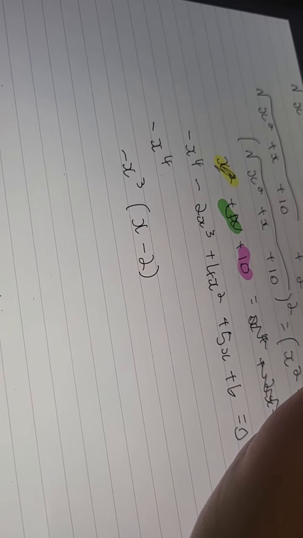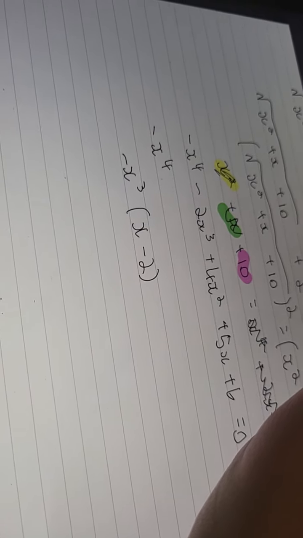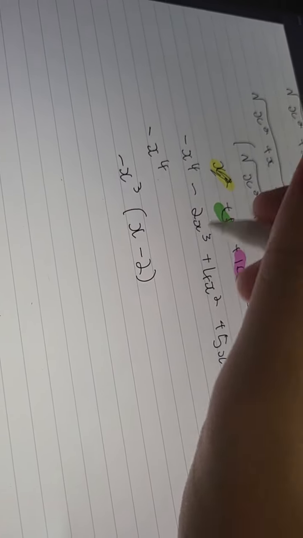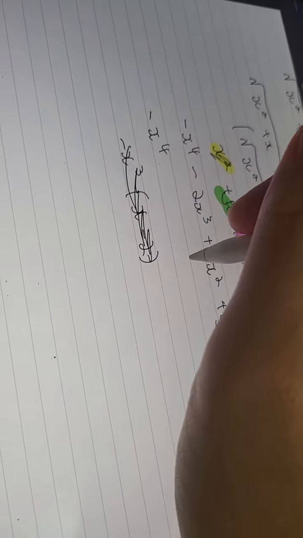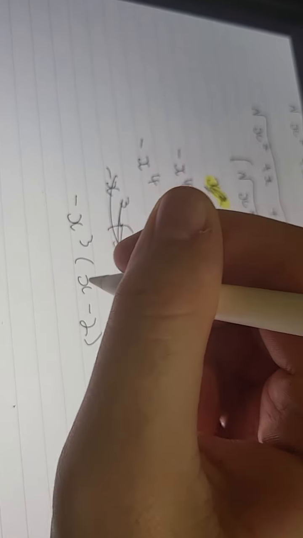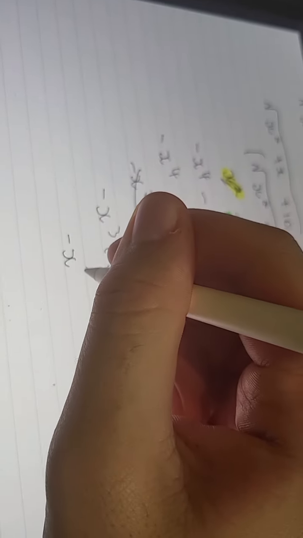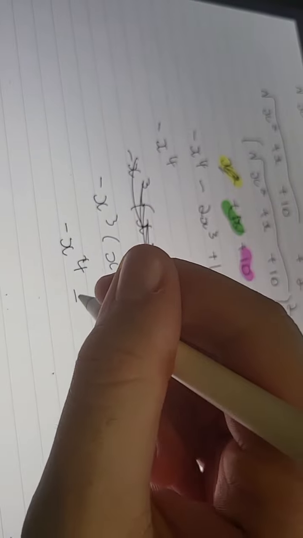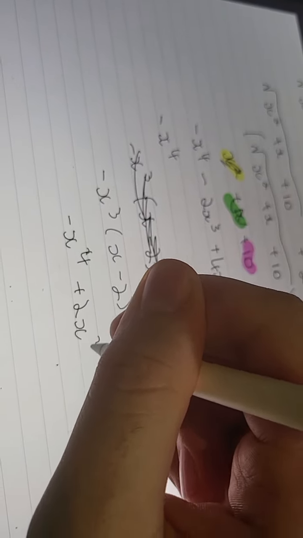This is really quite complicated, I won't lie to you. Because this is a minus, right? Yeah, I'm actually right. So minus x cubed times x minus 2. If we distribute that in, it becomes minus x to the 4 plus 2x cubed.